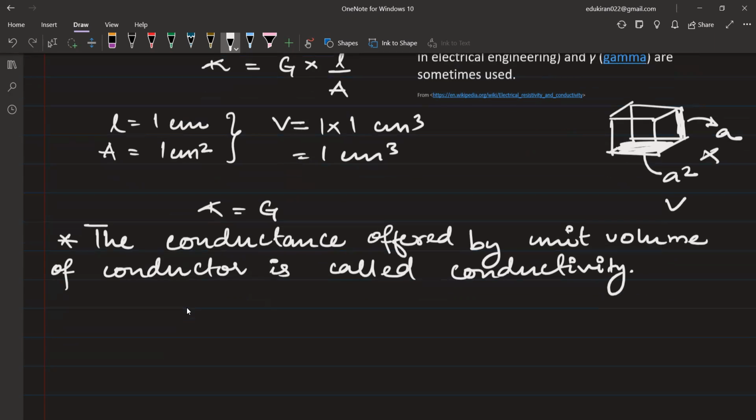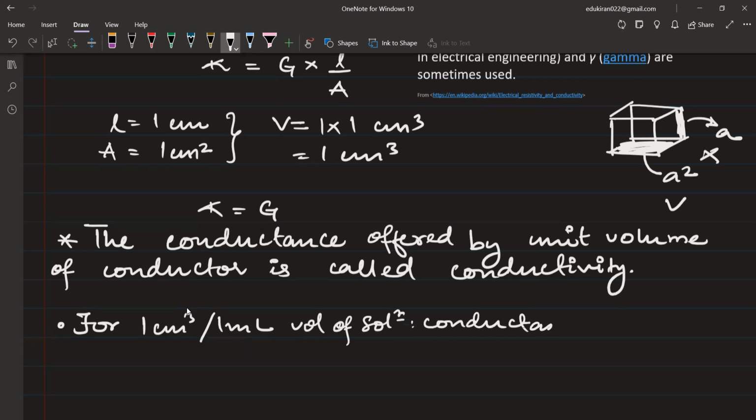Now from here we can see that if we have 1 centimeter cube volume of solution, that means 1 ml, then the conductance will be equal to conductivity. Please see here, guys, for 1 centimeter cube, or we can say 1 ml, it is the same thing, volume of solution, conductance is equal to conductivity. If I have 2 centimeter cube, then conductance of that particular solution will be 2 times the conductivity.